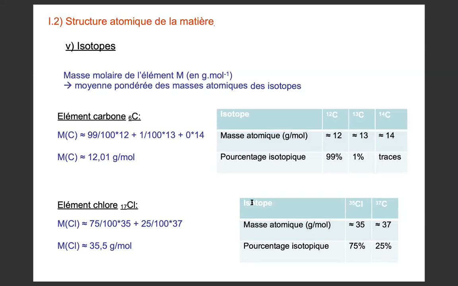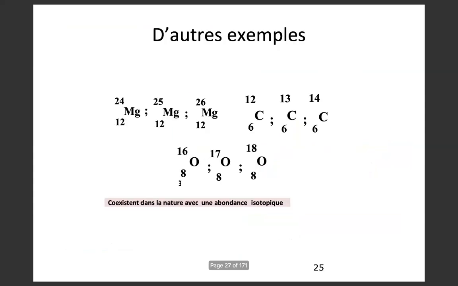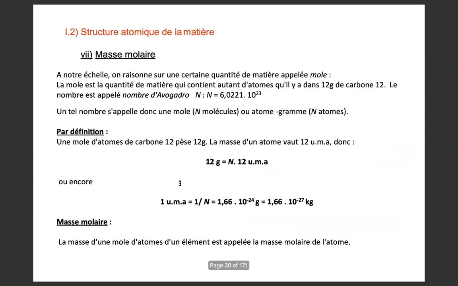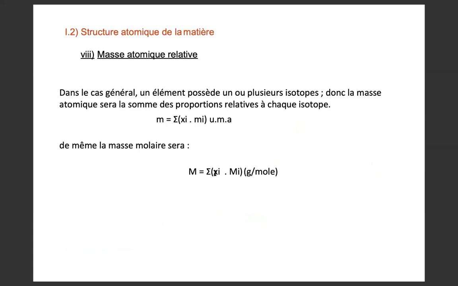Or in other words, the formula is that whenever you're calculating the relative mass of an atom, you are supposed to consider the percentage of the isotope multiplied by its mass.